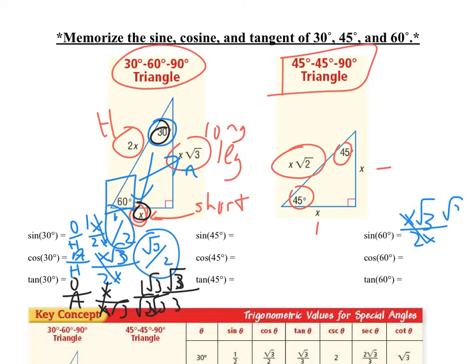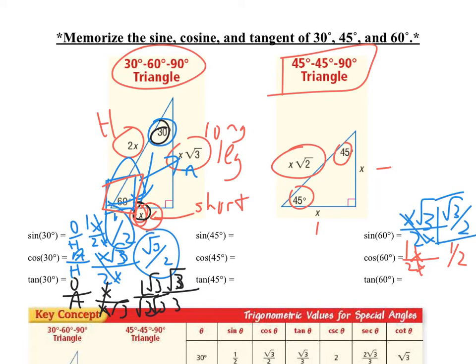X's cancel, so the sine of 60 is square root 3 over 2 in exact form. Cosine would be adjacent over hypotenuse, so at this 60-degree angle, again right here, the adjacent would be x over hypotenuse 2x. Well, that's 1x over 2x, x's cancel, so it's 1/2. So the cosine of 60 is 1/2.